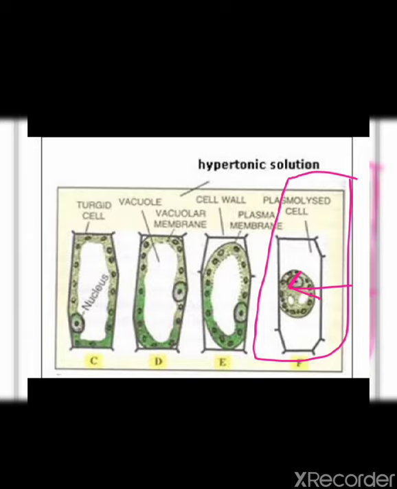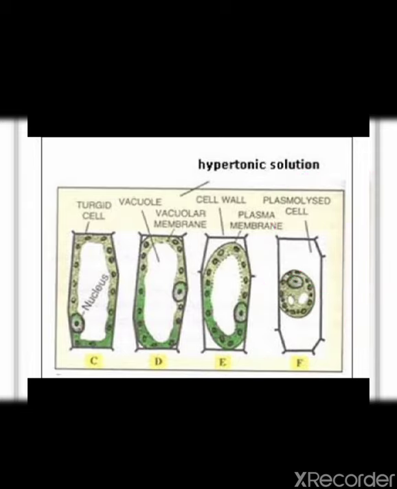So outside water molecules are more. So water will move from outside to inside of the cell and the cell will become tight against the cell wall. Okay? And this recovery or reversal of plasmolysis is called deplasmolysis.